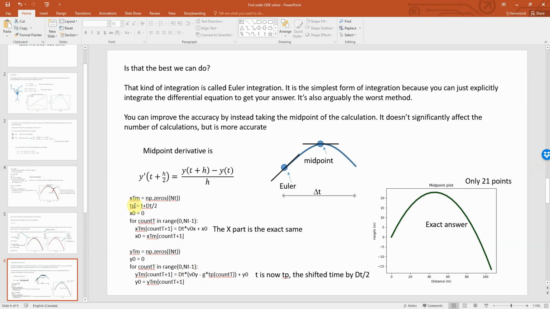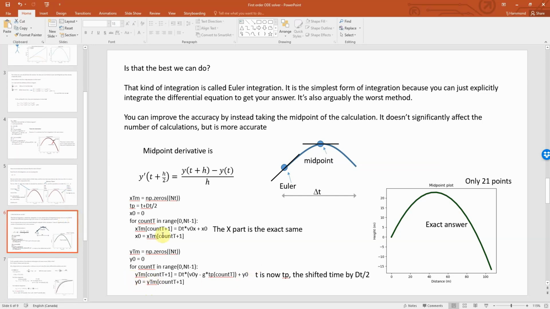TP is defined as this midpoint time, t plus delta t divided by 2. And that's what we're going to be putting in here as our array for time plus y naught, which is our old position step in y. So that's how the midpoint integration works.